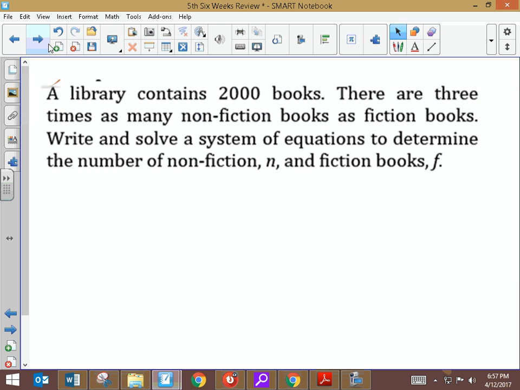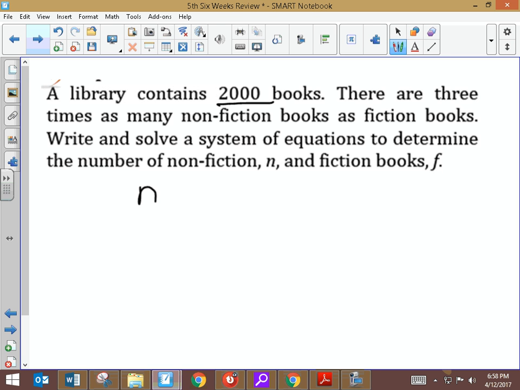Okay, all right. A library contains 2,000 books. There are 3 times as many non-fiction books as fiction books. Write and solve a system of equations to determine the number of non-fiction books and fiction books. Well, you got 2,000 books, and it has non-fiction books and fiction books.